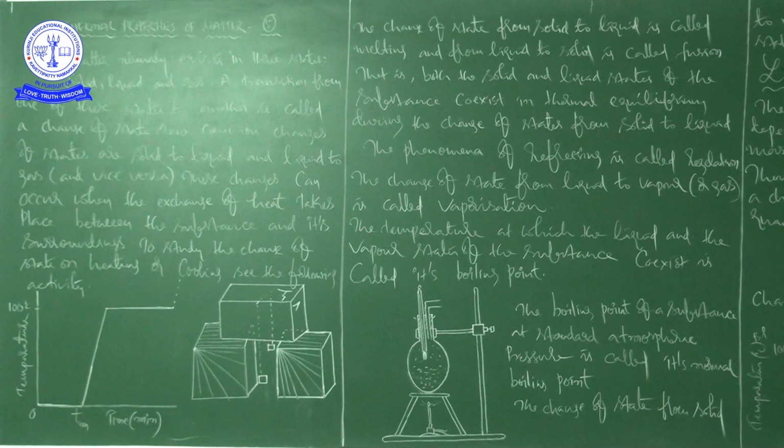It is observed that the temperature remains constant until the entire amount of the solid substance melts. So what he is saying is, when there is a change of state, the temperature increase will not take place.